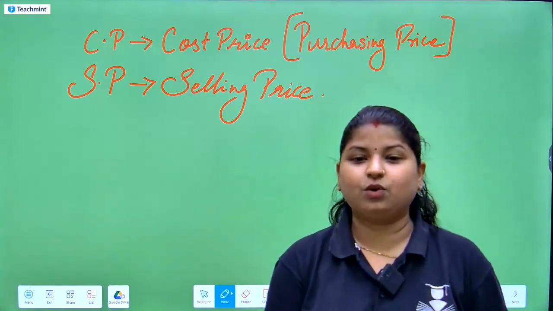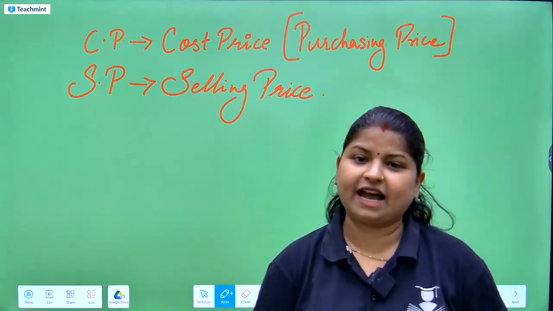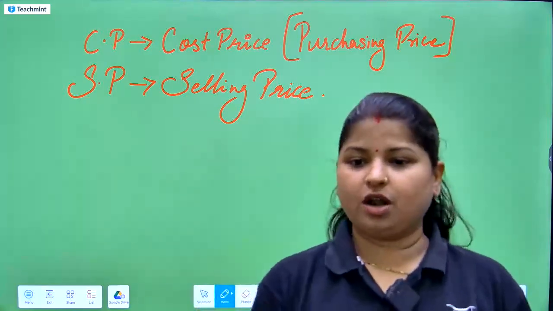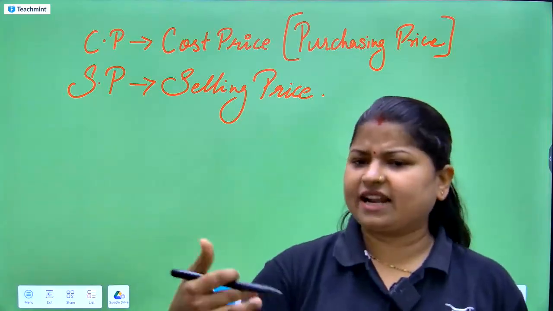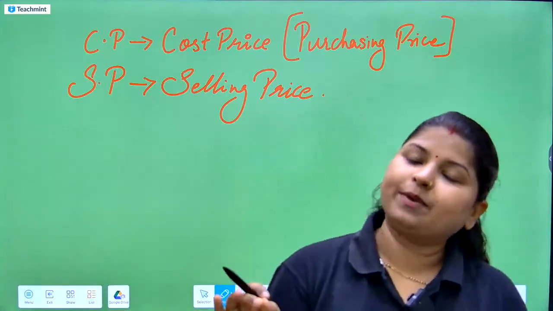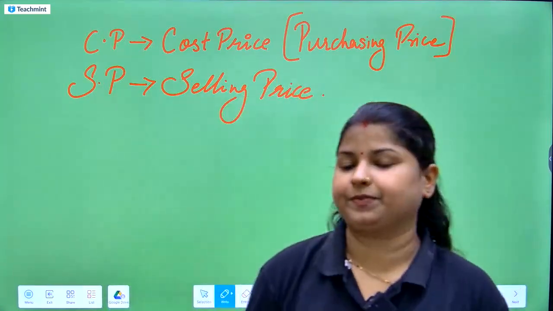You demand 25 rupees. Yeah, I bought it in 20 rupees, but I shall provide you in 25 rupees. So for sure, if you sell something, you will sell at a higher price because you need profit. So selling price is the price at which you sell something.